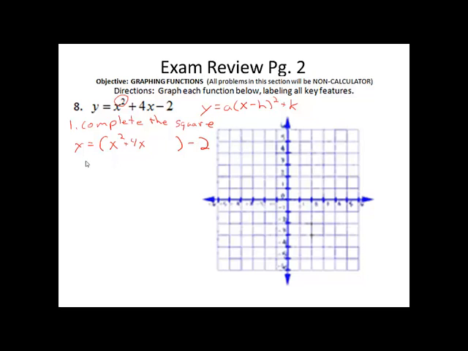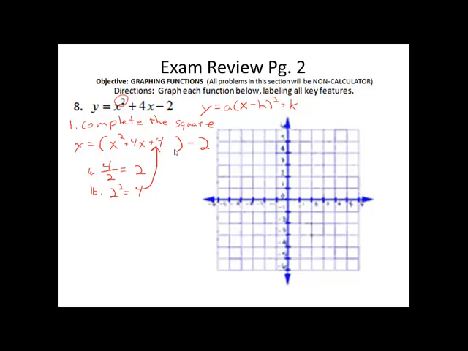We take the coefficient in front of the x, which is 4, and we divide it by 2. And this is equal to 2. And the next step is we take 2 and we square it, and that is going to be equal to 4.